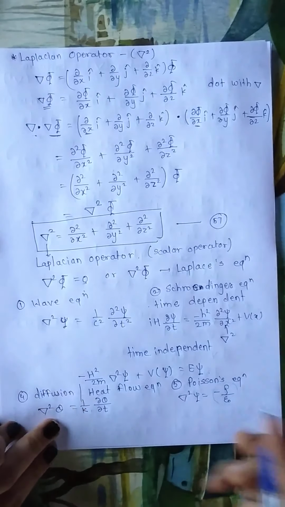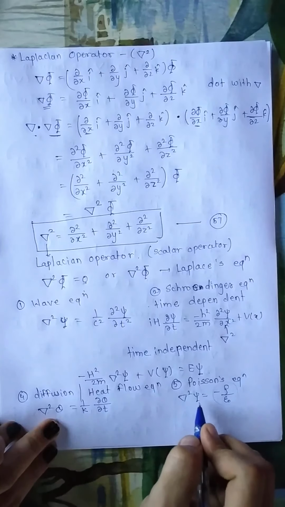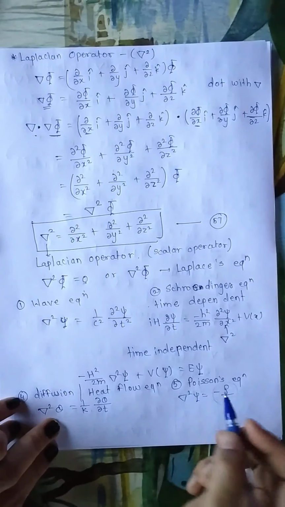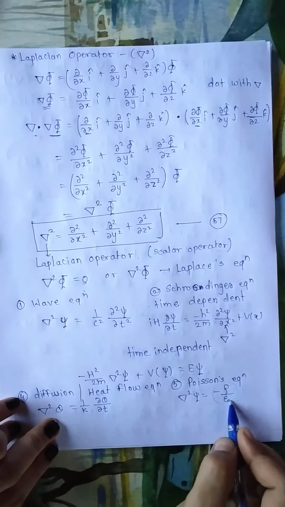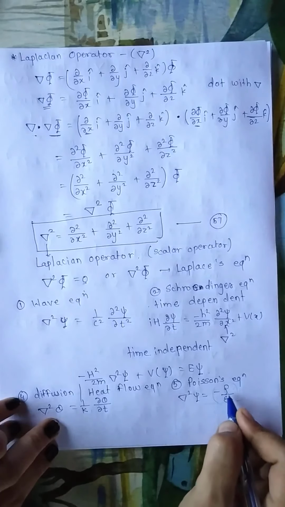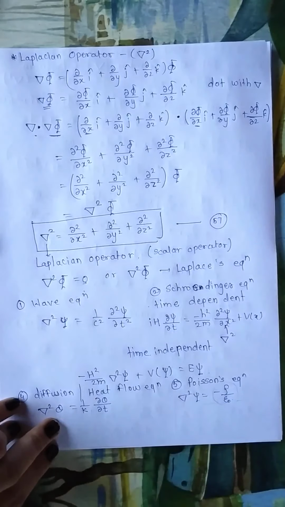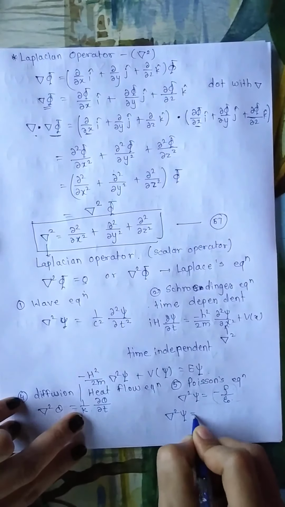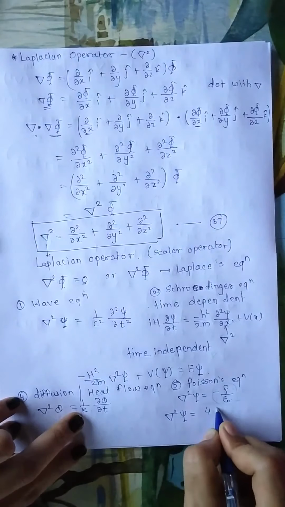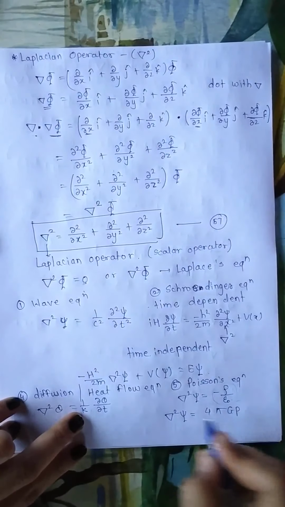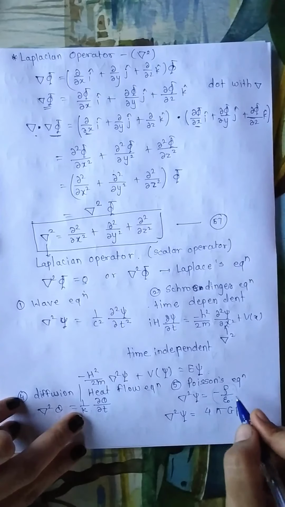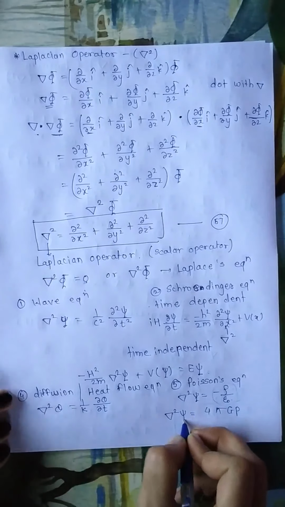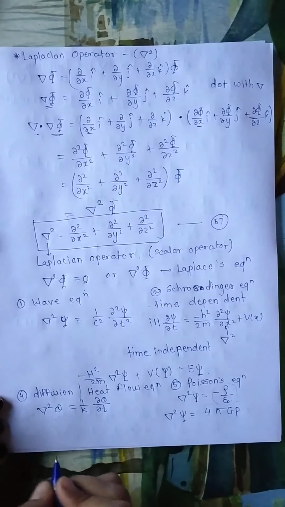If this phi is electric potential and rho is electric charge density, then this is Poisson's equation. And if this psi represents the gravitational potential, then this Poisson's equation is converted as del square phi equals 4 pi G rho. Here psi is electrostatic potential and here psi is a gravitational potential. So these are known as Poisson's equation.